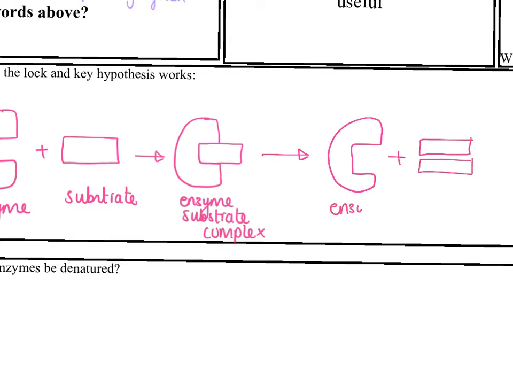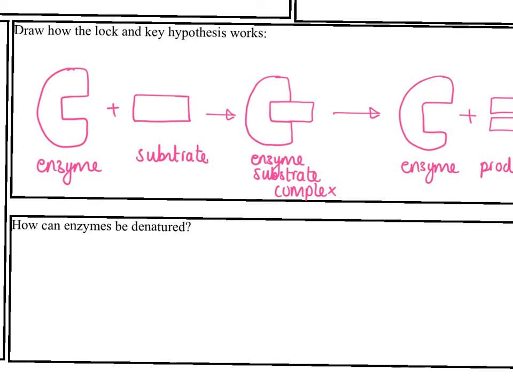Okay, where essentially my substrate, I've drawn it that is split, so we now have products. And then if we had a circle substrate, if I had say a circle, it's not going to fit into my enzyme. It's a completely different shape.